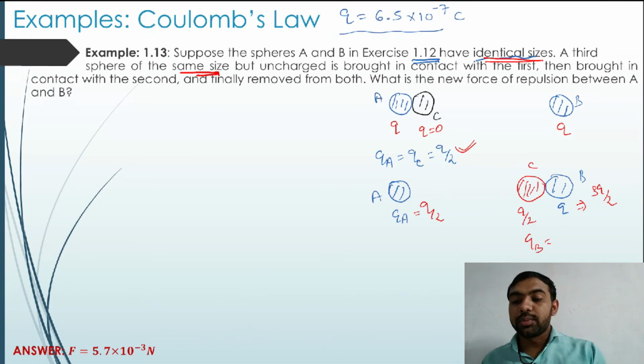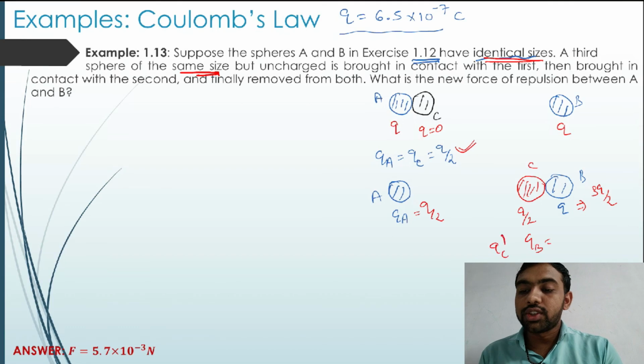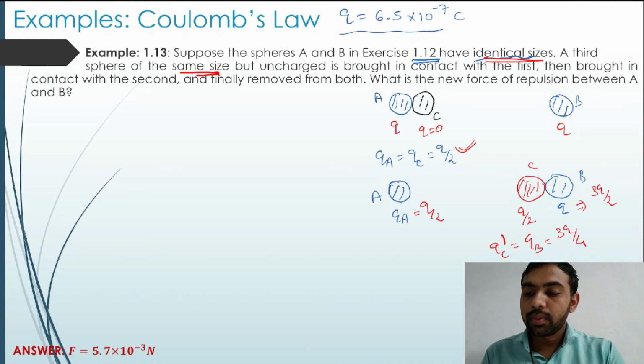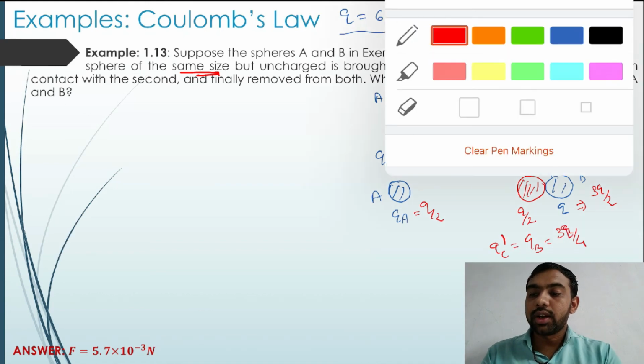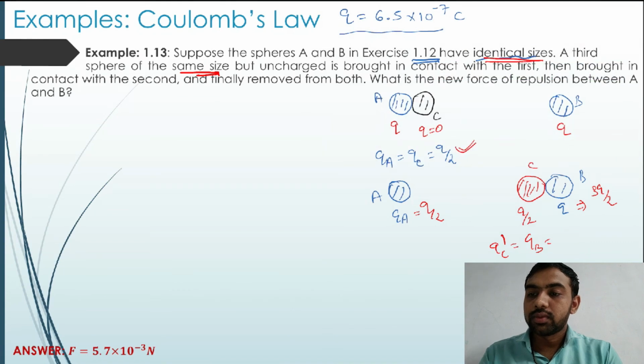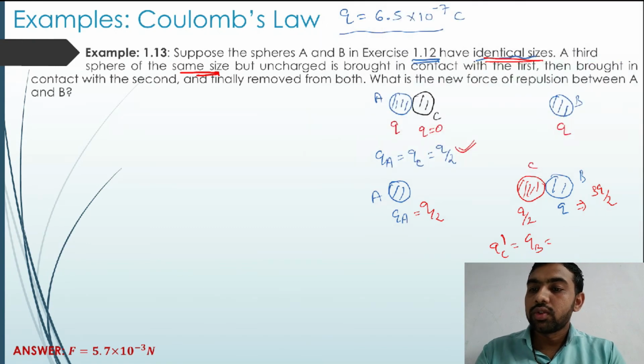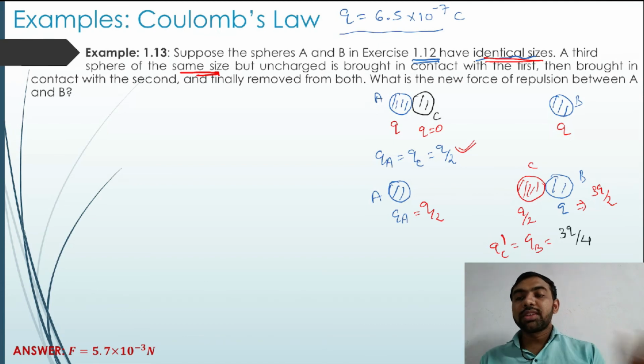Half charge is distributed over C. So QC dash is equal to QB, which is half of this, so 3Q by 4. 3Q by 2 का हाफ करो तो क्या होगा? 3Q by 4 होगा. दोनों सेम साइज है ना.